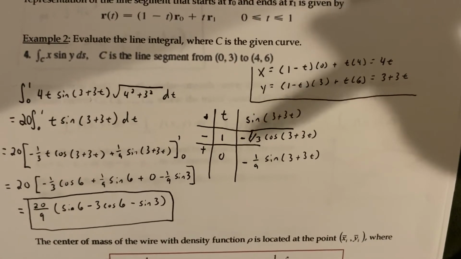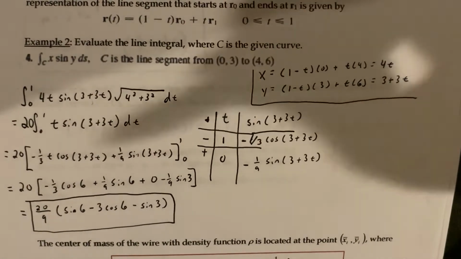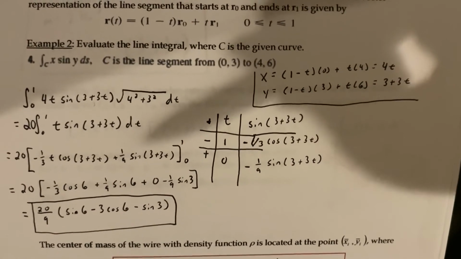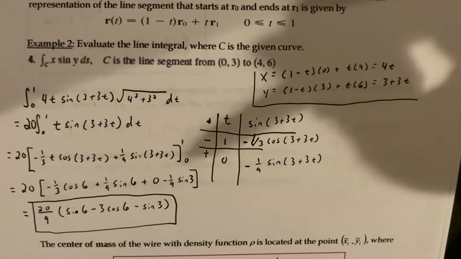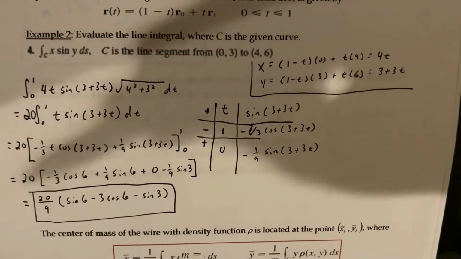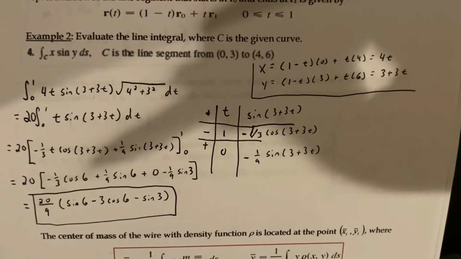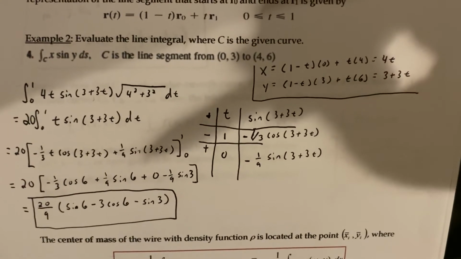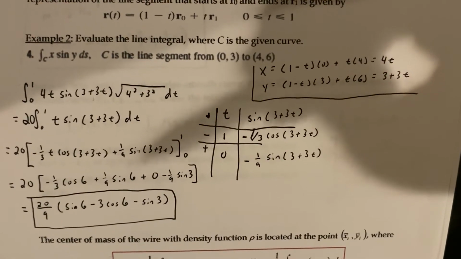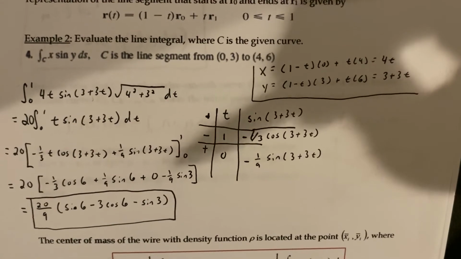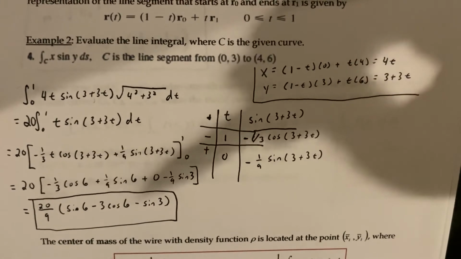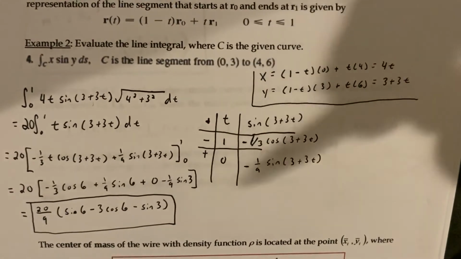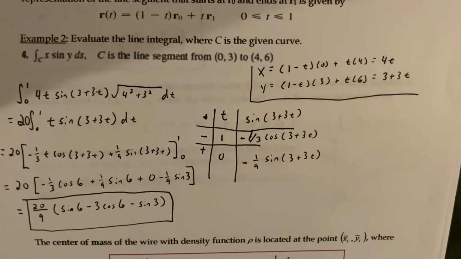When I do that and take the cross products of both of those, I'm left with -1/3 t cosine of 3 plus 3t plus 1/9 sine of 3 plus 3t from 0 to 1. Plug in the 1, I get -1/3 cosine 6 plus 1/9 sine of 6. Plug in 0, I get 0 for the cosine part, and then I get negative 1/9 sine 3, and that basically stays the same. I can pull a 9 out, which I did, that way I don't have any fractions on the inside of my parentheses.